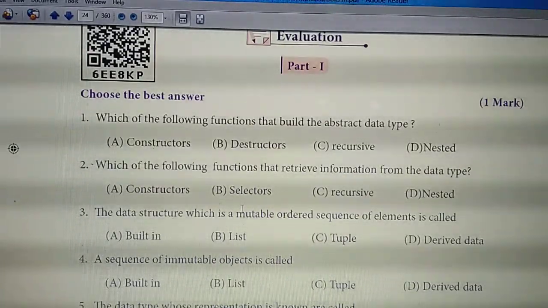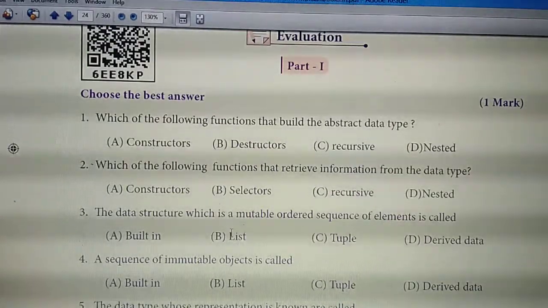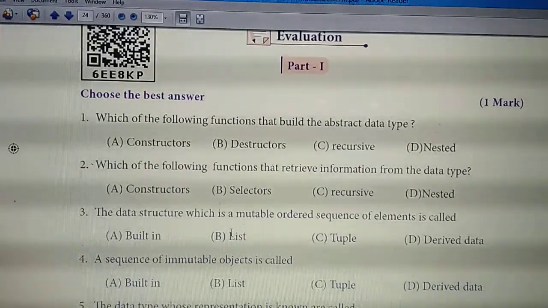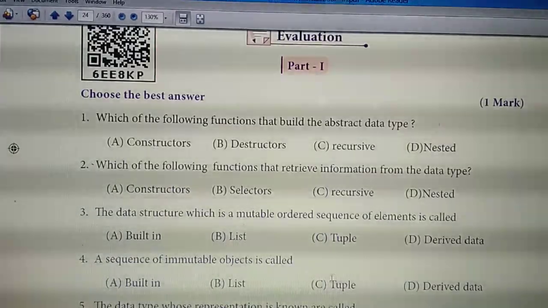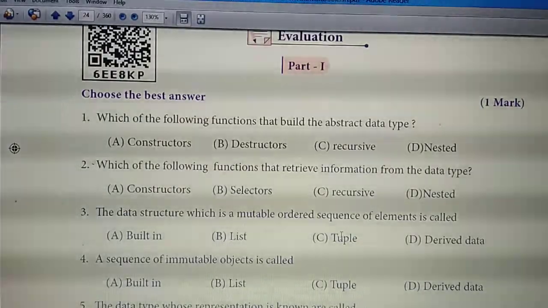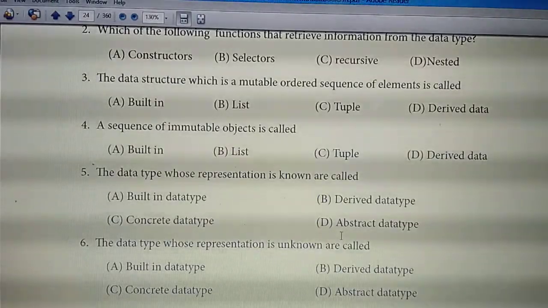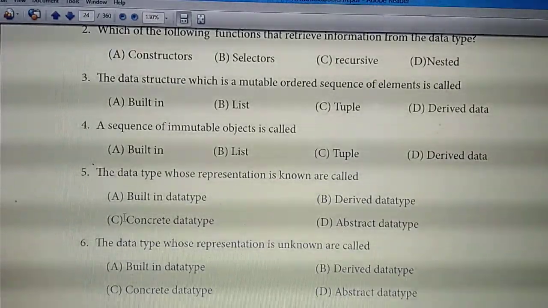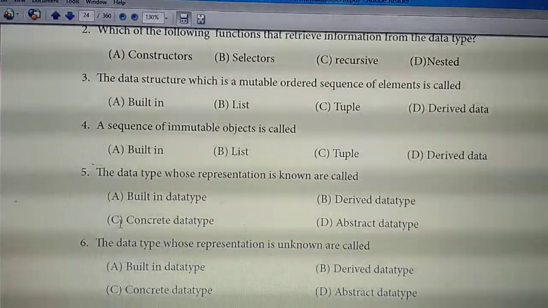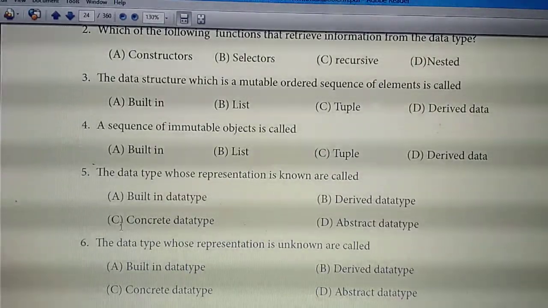Third answer is option B, list. Fourth answer is option C, tuple. Fifth answer is option C, concrete data type.